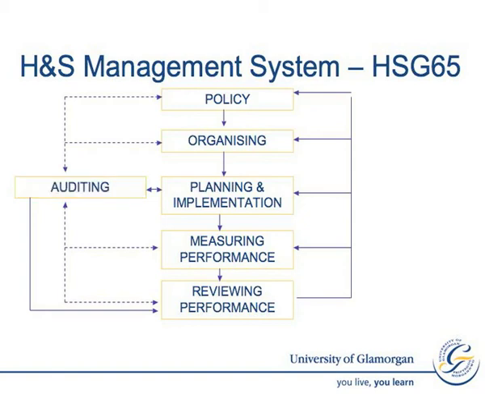So this is the model of HSG 65, Successful Health and Safety Management. It is not too far away from any model that's in OHSAS 18000, right? Or the BS 8800 as it was at that time. They're all very, very similar, and they build on what is legally required as well.